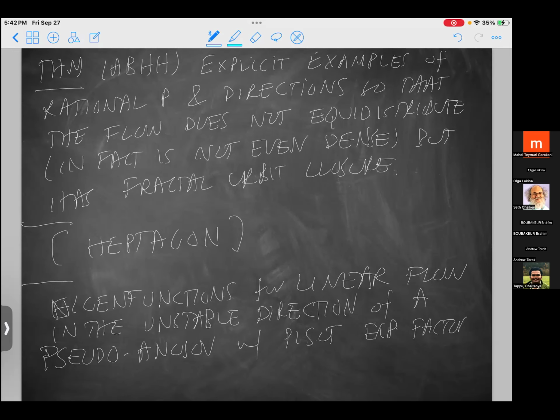The reason I'm saying all these words is because it indicates all the different cool things that you get. You have this idea of eigenfunctions, and that's the next thing I'm going to tell you about. I will probably not get to say what a Pisot expansion factor is, but that's a beautiful connection to algebra and number theory. So you can start with a problem that looks purely dynamical, and you can end up in all kinds of different places.